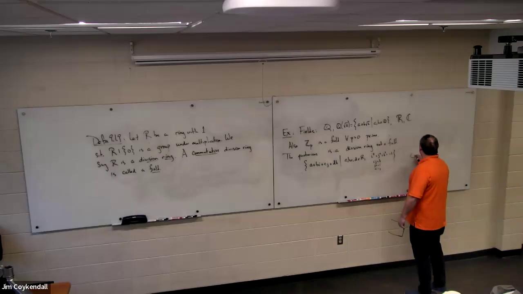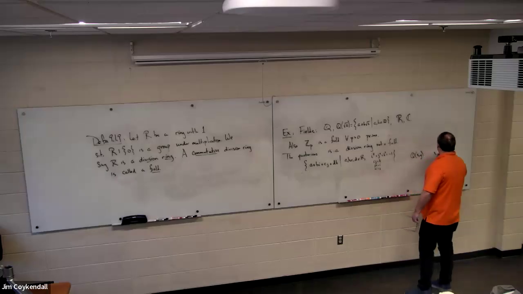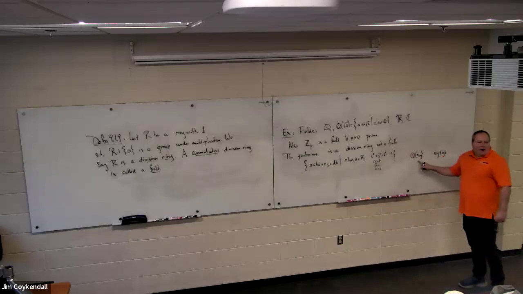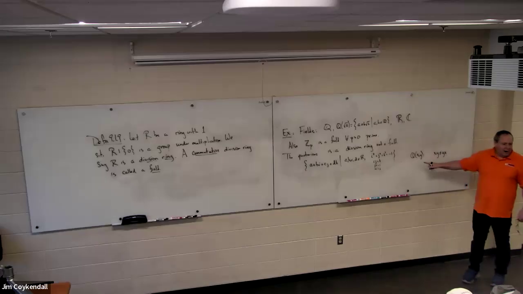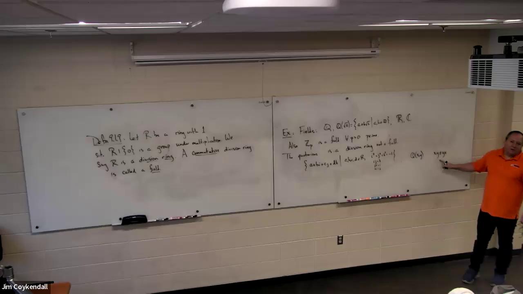Another example would be rational functions over Q in two variables, but the variables don't commute.